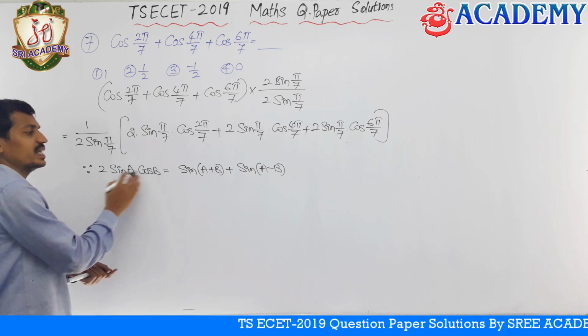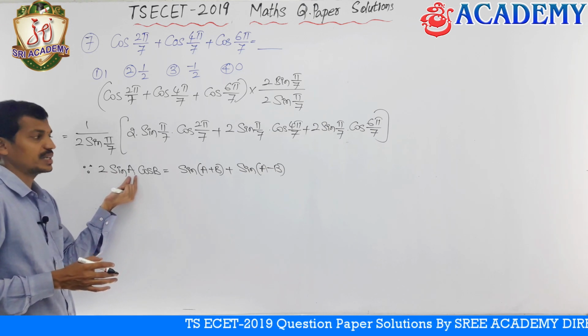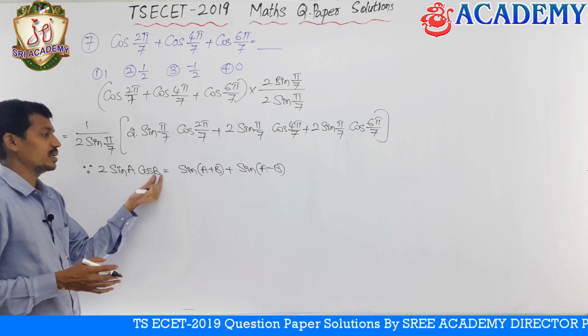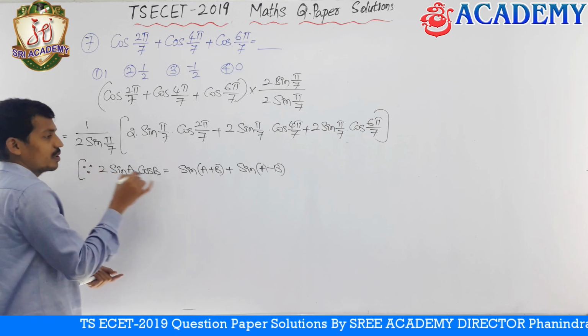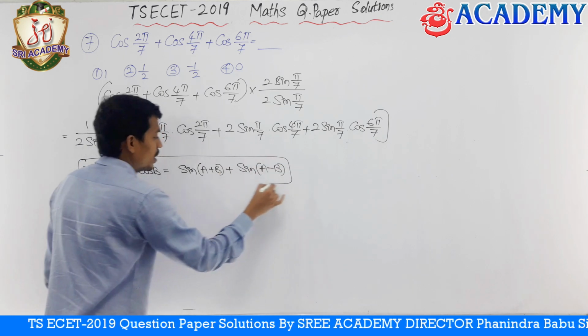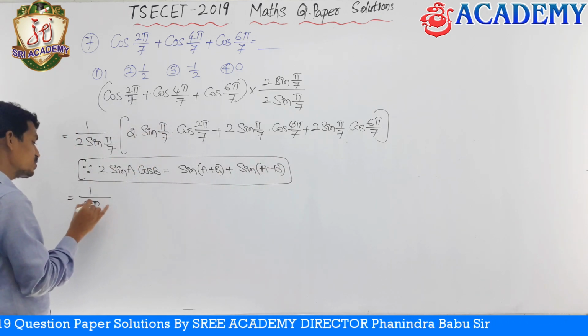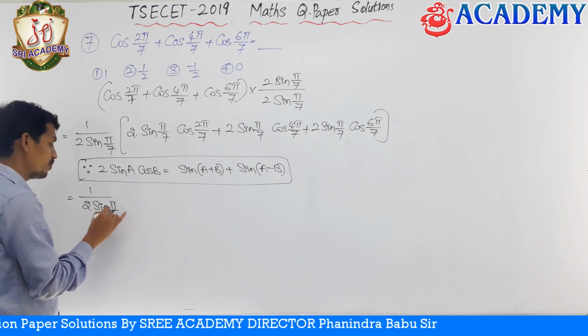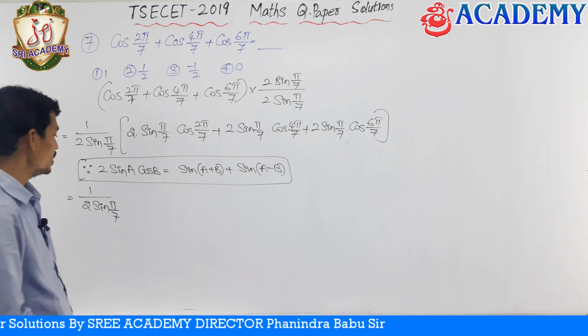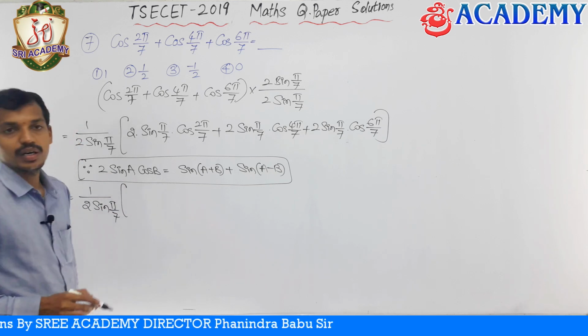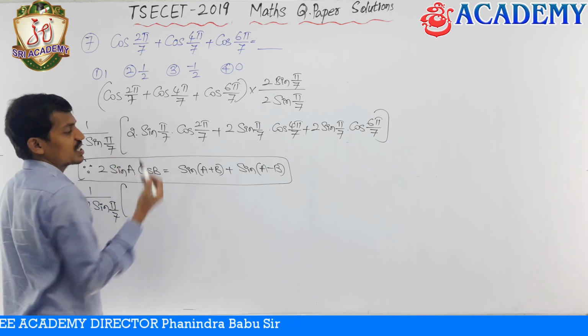Here I am writing sin A cos B, taking whatever sin value is there as A and the cos value as B. From this formula I am modifying this equation, that is going to be 1 by 2 sin pi by 7 into 2 sin A cos B.